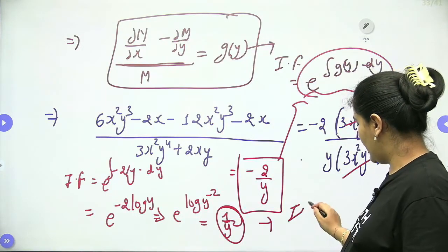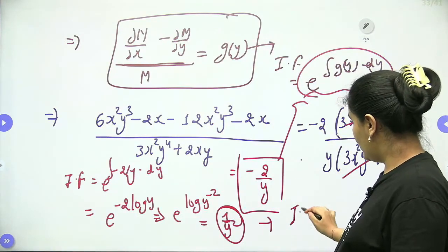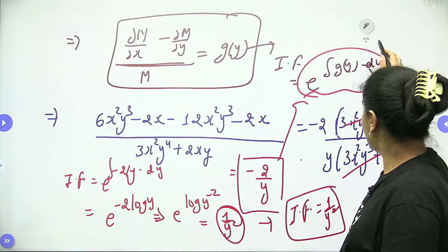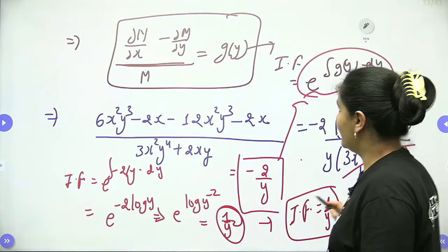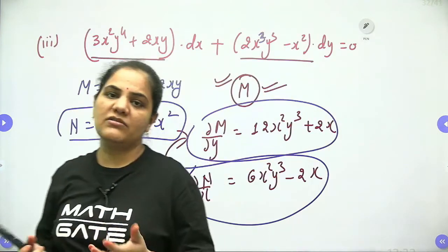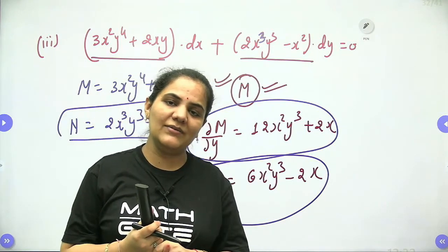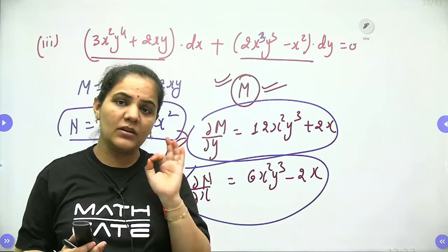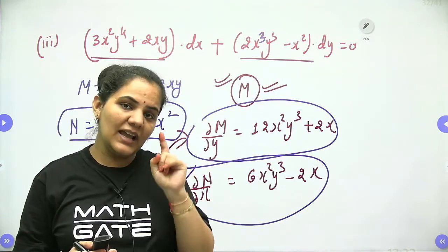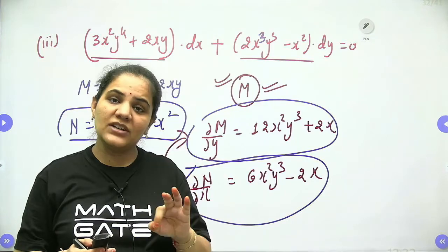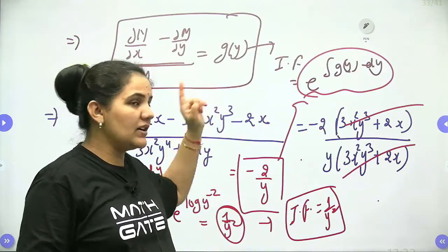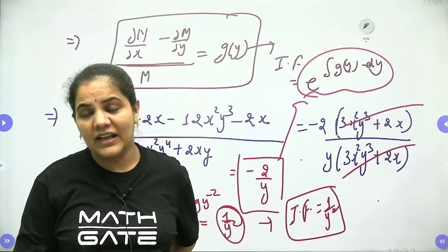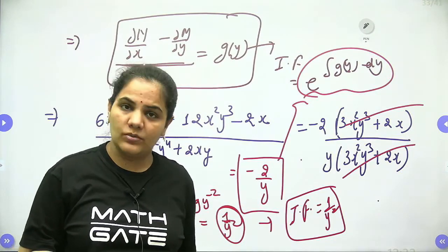So it's a very simple thing to approach. The integrating factor now is 1 by y². Just remember one thing, so many students get confused here about whether we have to divide with M or with N. Dear students, it's your choice, but remember that if you are dividing by M, make sure you get a single function of y only, and when you are dividing by N, it has to be a single function of x only, right?